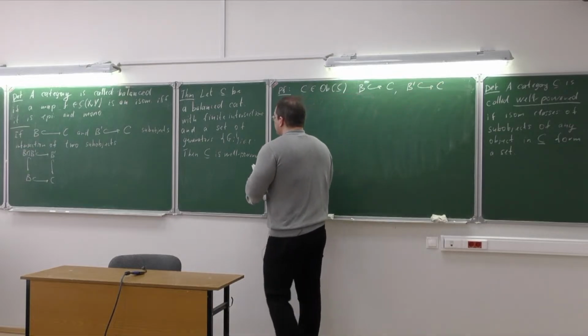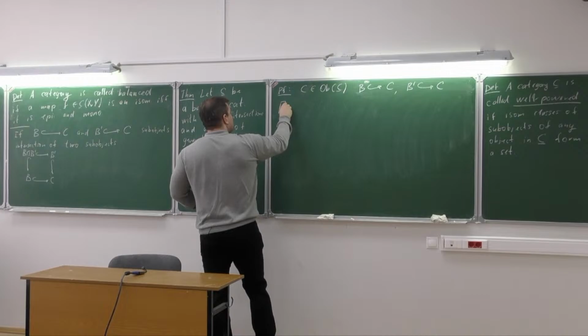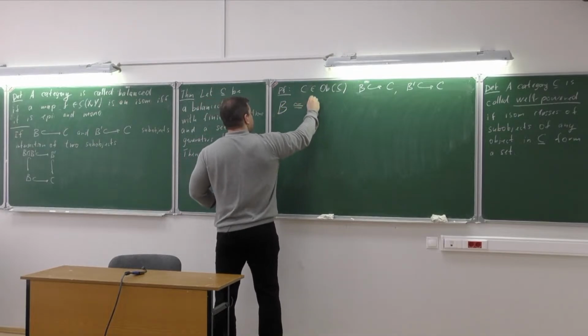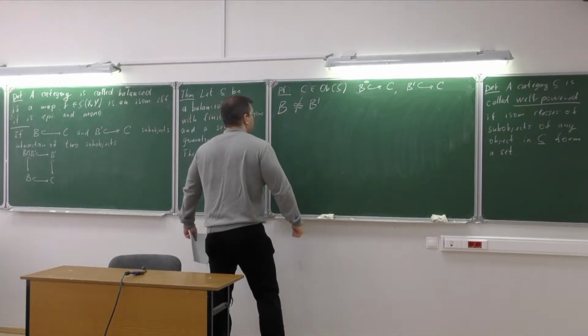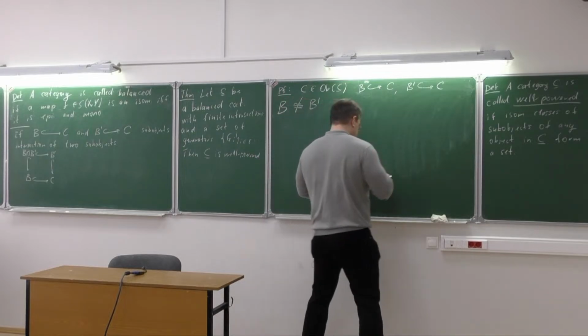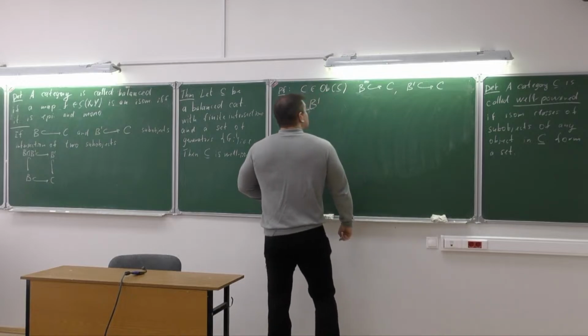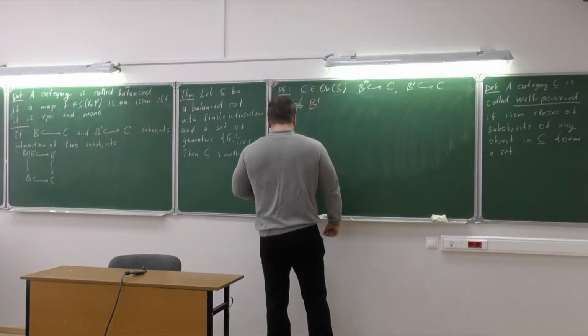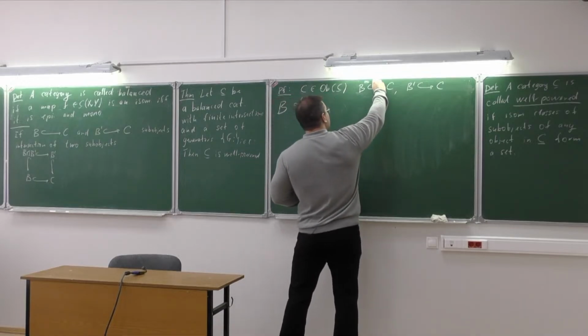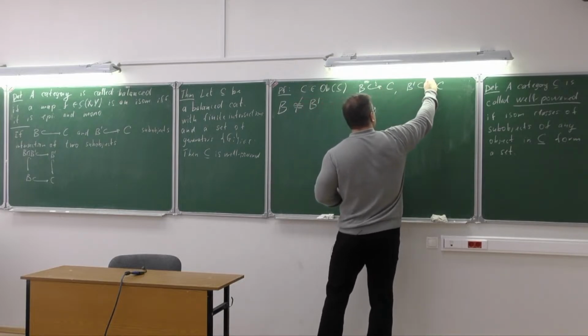And of course I want to assume that these two subobjects are not isomorphic. I also want to give a name for this map. Let me call this map I, and the second map will be I prime.